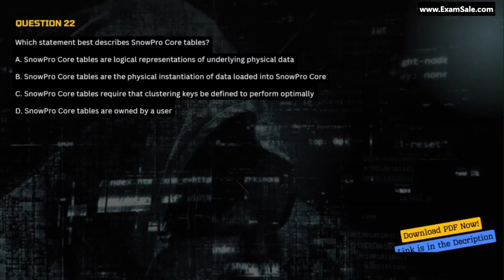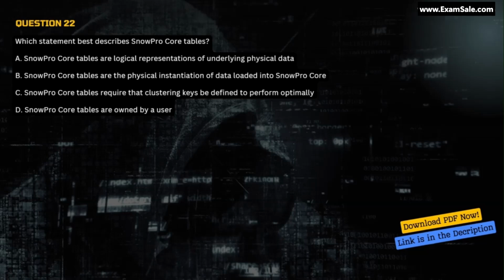Question 22. Which statement best describes Snowflake tables? A. Snowflake tables are logical representations of underlying physical data. B. Snowflake tables are the physical instantiation of data loaded into Snowflake. C. Snowflake tables require that clustering keys be defined to perform optimally.